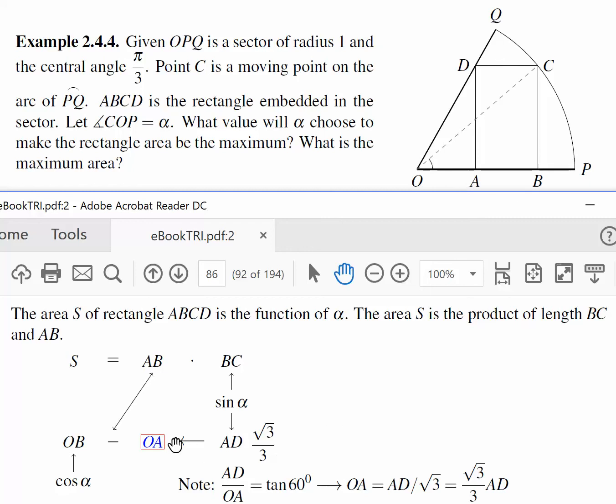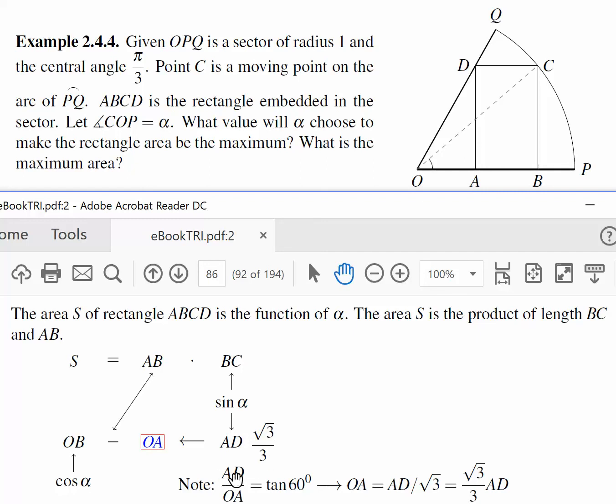Okay, and here is the explanation. Again, AD, or sine alpha, times radical 3 over 3 is OA. And here is the explanation why OA can be equal to sine alpha times radical 3 over 3.